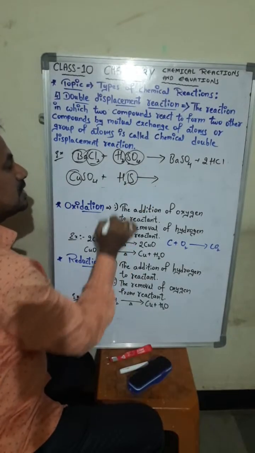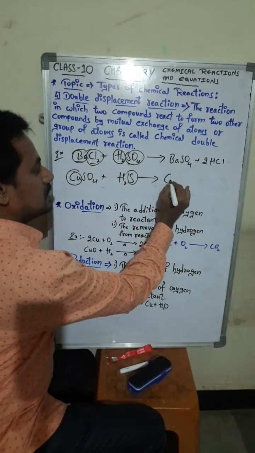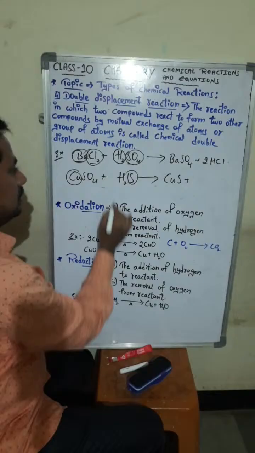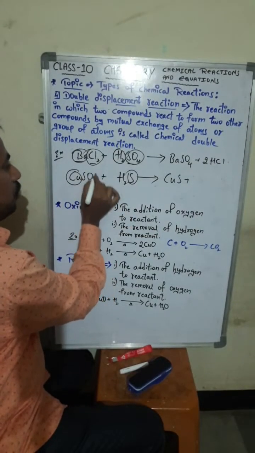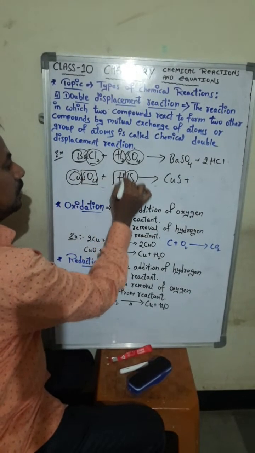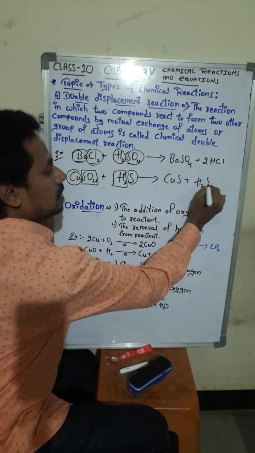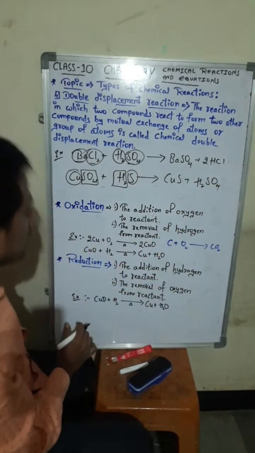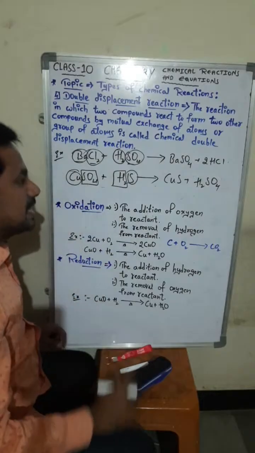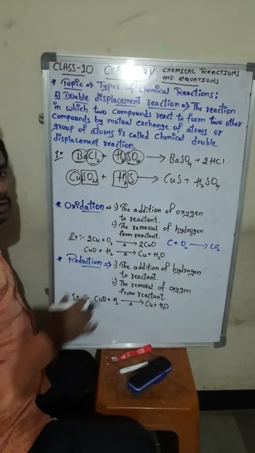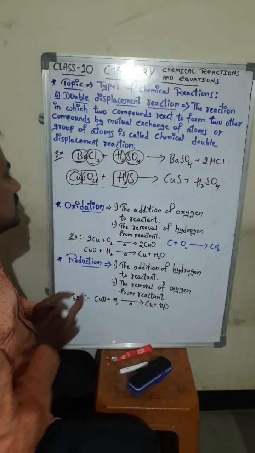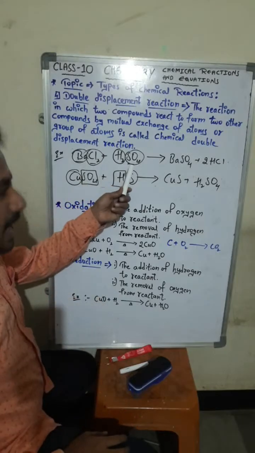Copper combines with sulfur to form CuS, and SO4 will combine with hydrogen. Sulfuric acid is formed. Yes, exactly, it is right. So these are some of the examples, students: barium chloride, sulfuric acid.